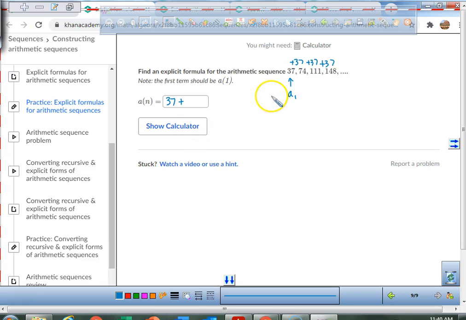So we start with 37. And what are we adding every single time? 37. Wow, that's kind of weird. 37, open parentheses, n minus 1. So we're going up by a common difference of 37, multiplied by n minus 1. So we have 37 plus this right here.